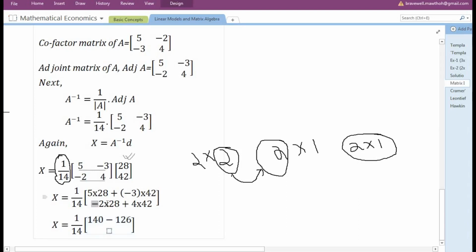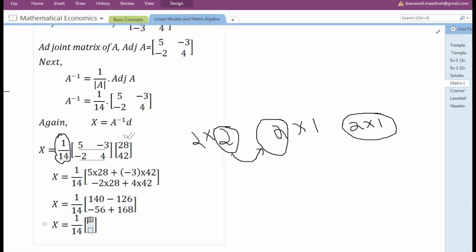Next, minus into plus is minus 56, plus 4 times 42 is equal to 168.